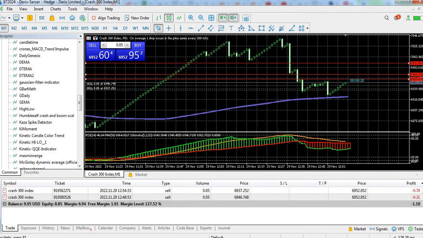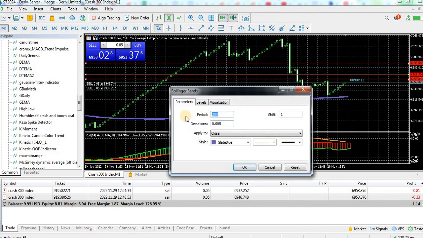So I don't want to make this video long, so let me just show you the settings. On the main chart I have BB. Just double click it, put 200, shift 1, then deviation is 0.005. You can choose the style of your choice.